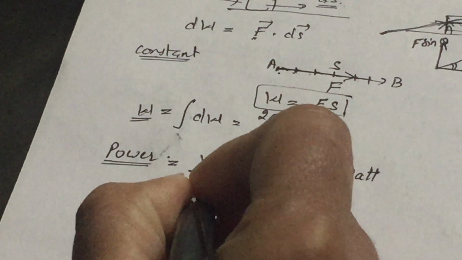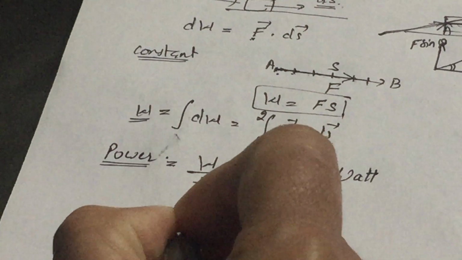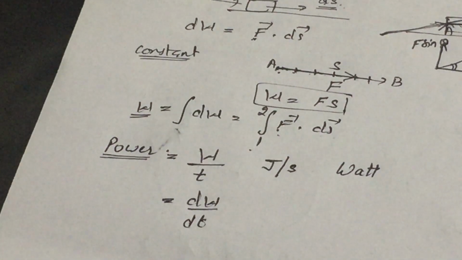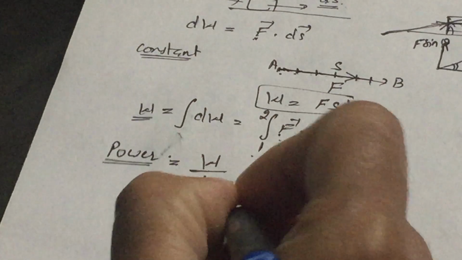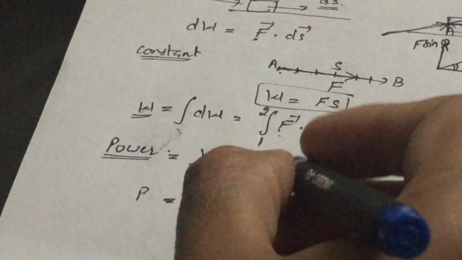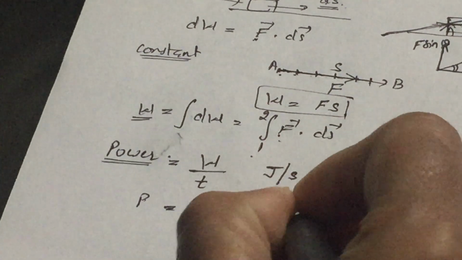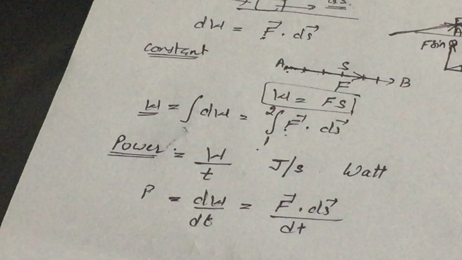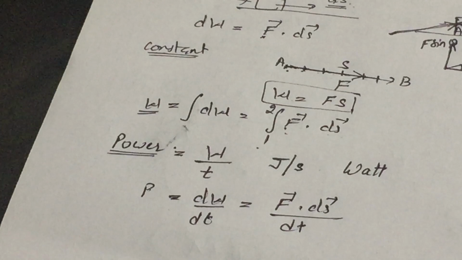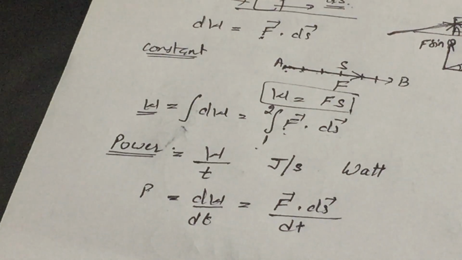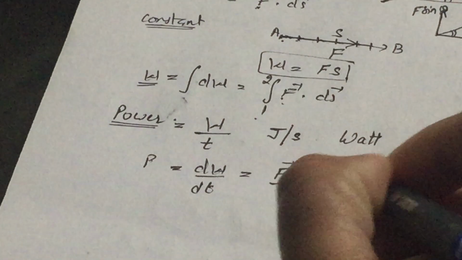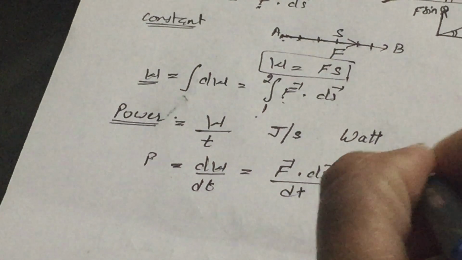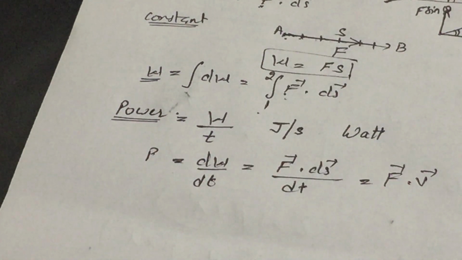If small work is done in a small interval of time, then from the above relation we can put work as F dot ds, divided by dt. ds upon dt, that is displacement upon time taken, is nothing but your velocity.